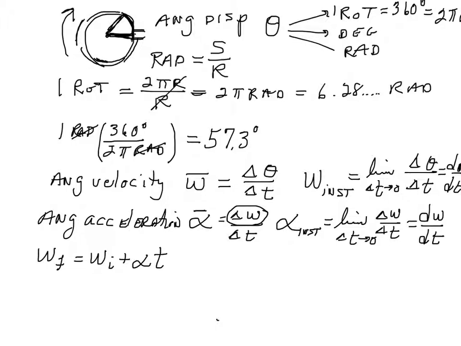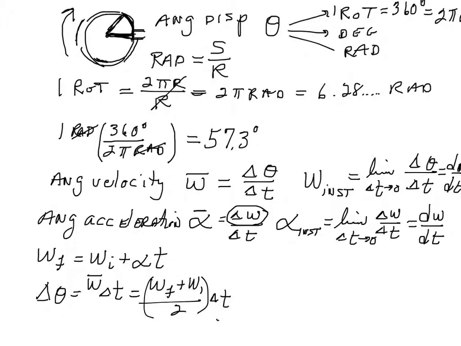And similarly, for constant acceleration, we get that the displacement, the total displacement in any situation, is going to be the average angular speed times the time. And the average angular speed for constant acceleration is omega final plus omega initial over 2 all times delta t.